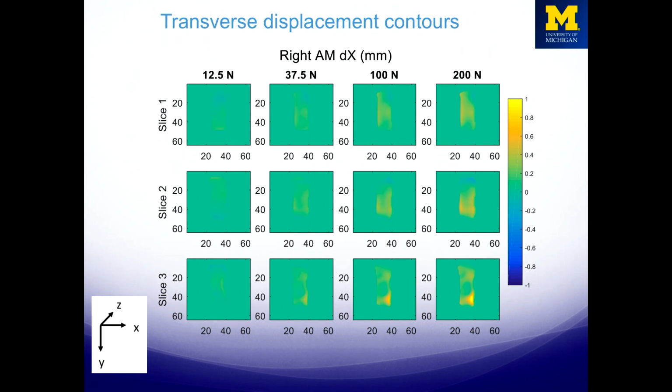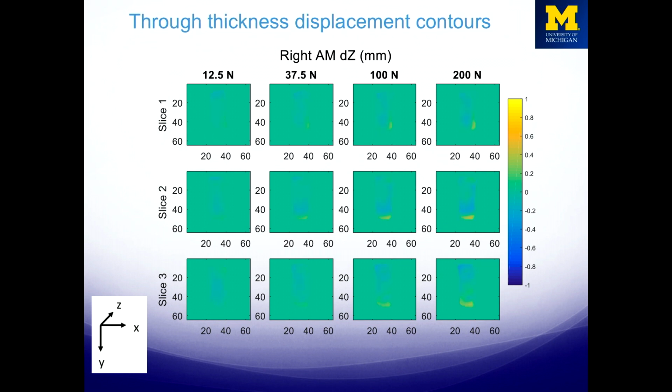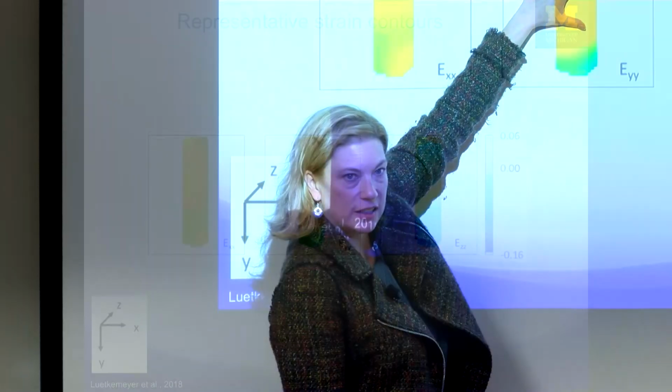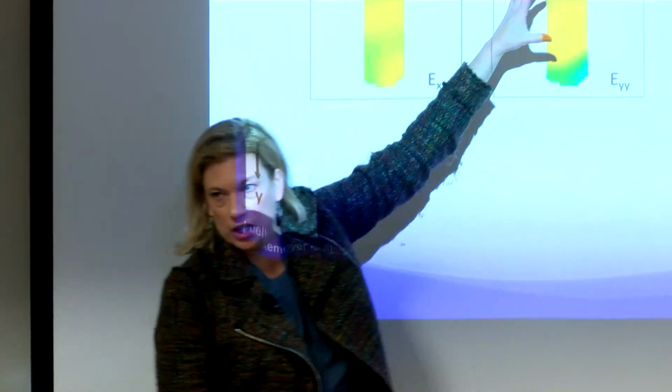We can also get transverse displacement, and the third direction too, through the thickness. So we have all of that displacement information. You see the lack of complete homogeneity there, but you can convert those into strain contours. This is the vertical strain contour, again horizontal, and through the thickness. Then you can take all of this information at the tissue level, average it, get an average strain, and plot a stress-strain curve.